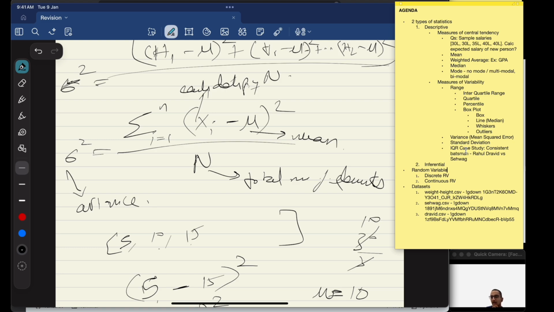It is the mean average squared spread of the data set, while standard deviation is the average spread of the data set around the mean. So again, like I said, variance and standard deviation both revolve around the center, which is the mean, particularly.